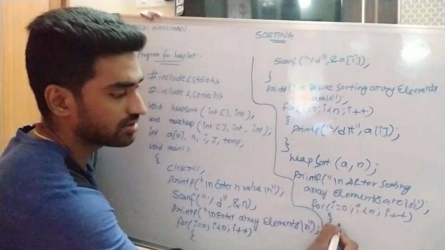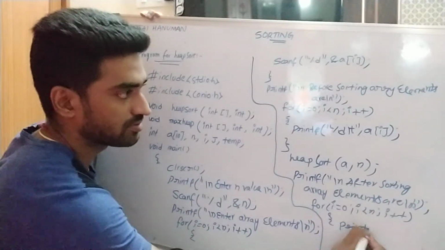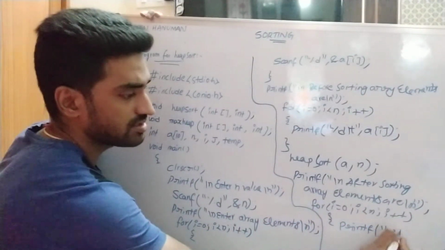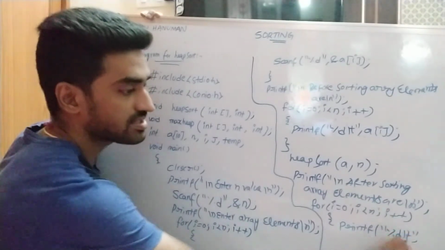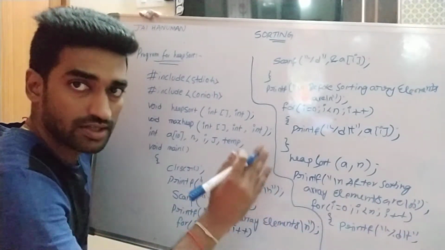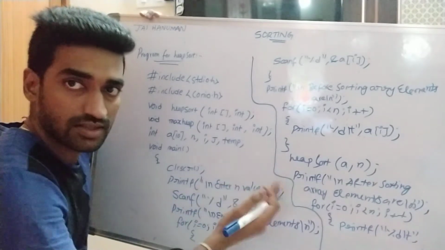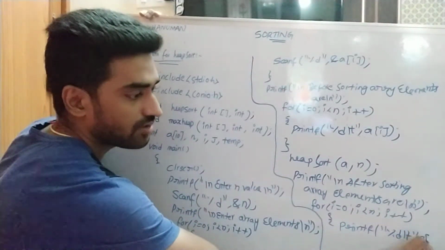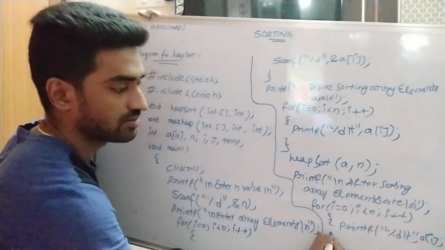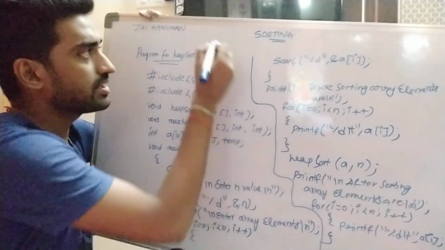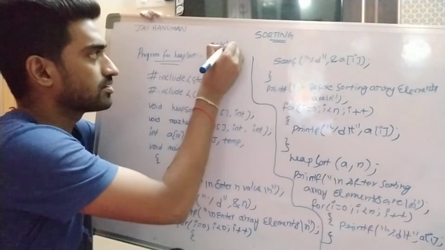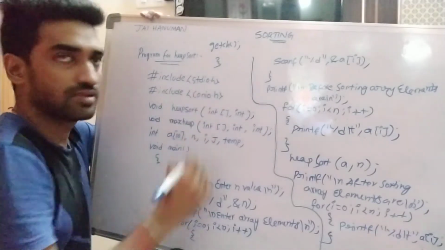So I am printing all the array elements. printf %d backslash t; the backslash character constant is used to give horizontal space between elements. So I am printing a[i] elements. Close the loop. Finally I am writing getch.